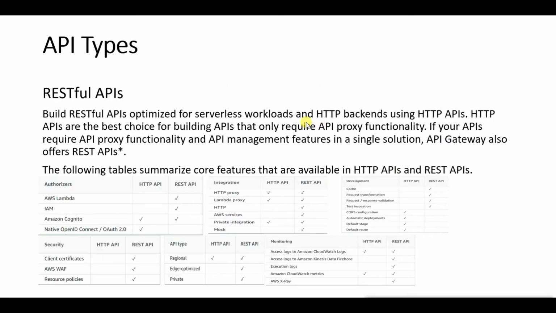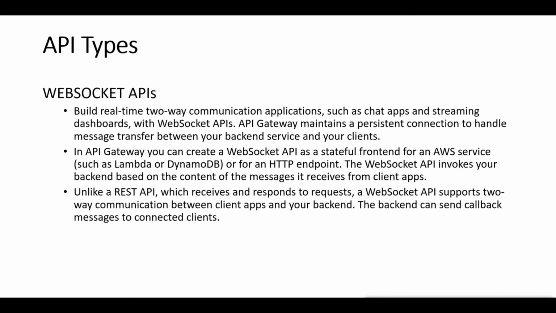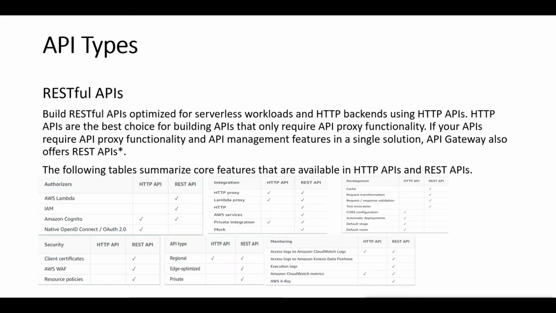So what are the API types? API types can be of two types. One of them is RESTful APIs and the other is WebSocket APIs. So what is RESTful APIs? Build RESTful APIs optimized for serverless workloads and HTTP backends using HTTP APIs.